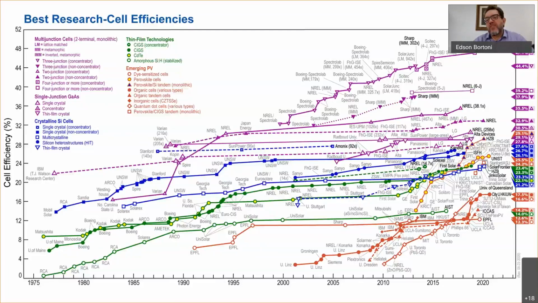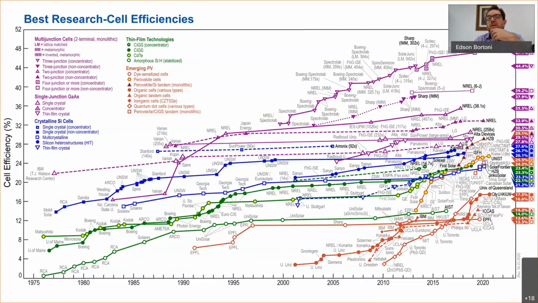And we have the efficiency of the several solar cells that exist, from 12% to almost 50%. This is the range of variation from 12 to 50.